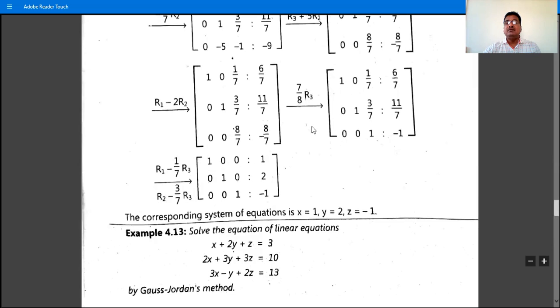So how does the matrix change? We have 1 0 at this place 0, and minus 1 by 7 into minus 1 becomes plus 1 by 7, plus 1 becomes 6 by 7.